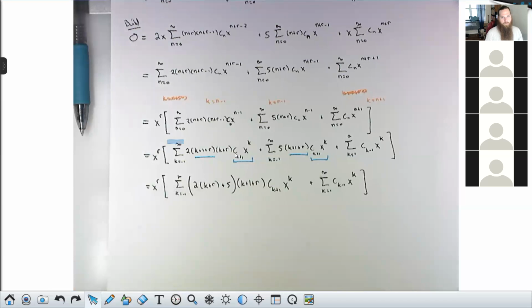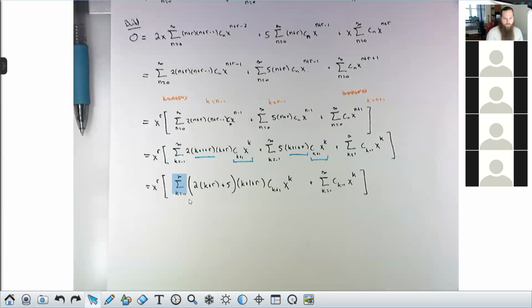All right, so these two series come together into one series. Within that one series, I can factor the common terms, which are the blue underlined terms. When you factor out the blue underlined terms, what's left is 2 times k plus r plus 5. That's exactly what you see here. So that's 2k plus 2r plus 5 times k plus 1 plus r.